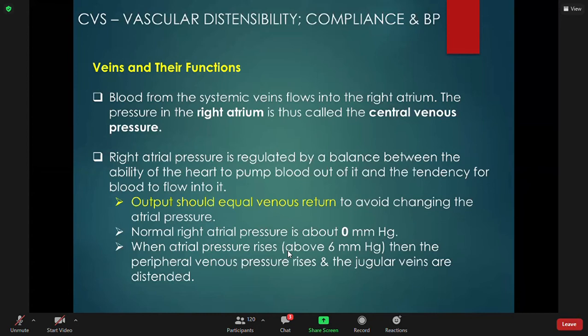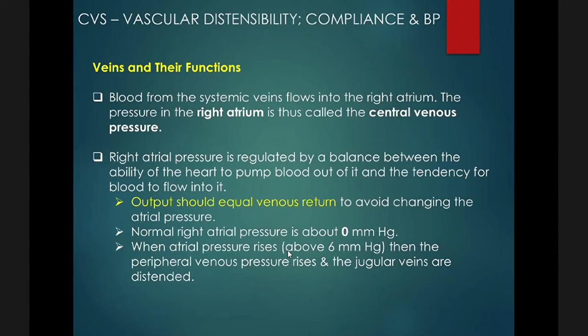And so if the blood cannot drain into the right atrium, there will be pooling of blood in the lower extremity and it will cause edema because pag tumaas ang pressure in the veins, di ba dapat capillaries should have higher pressure than the veins para makaka-flow. But if the pressure in the veins will rise, hindi makaka-drain si capillary to the veins and so blood will seep out into the interstitial space causing edema.